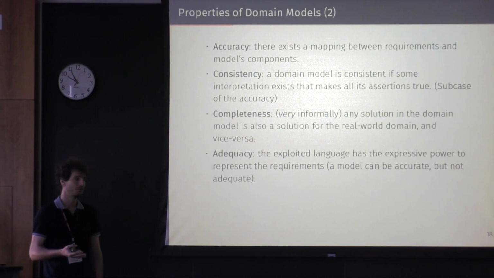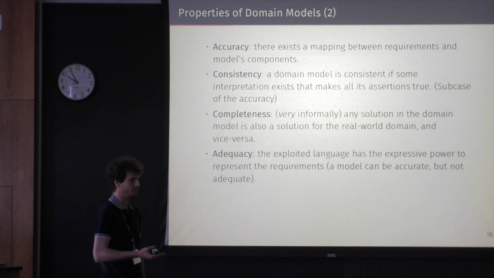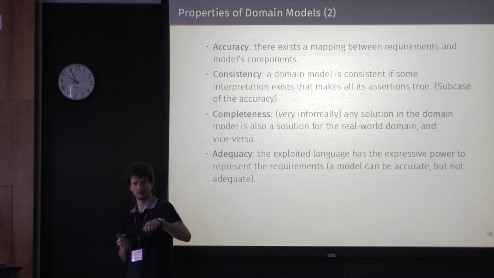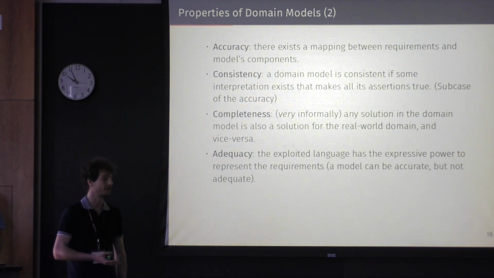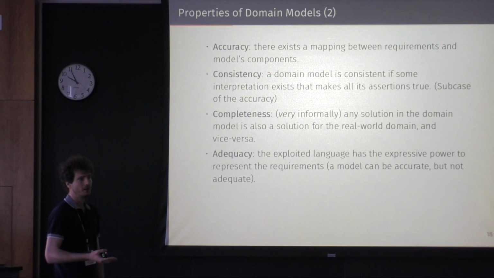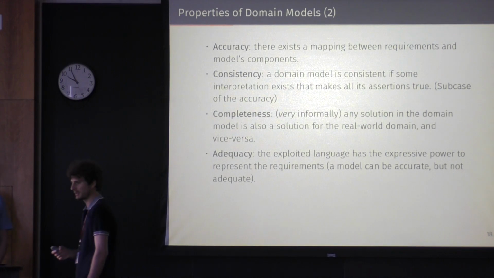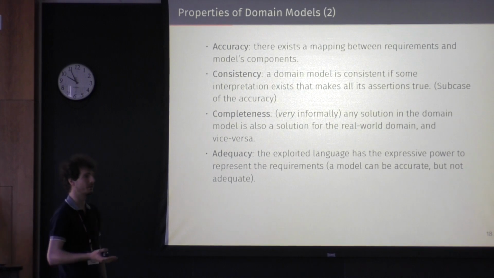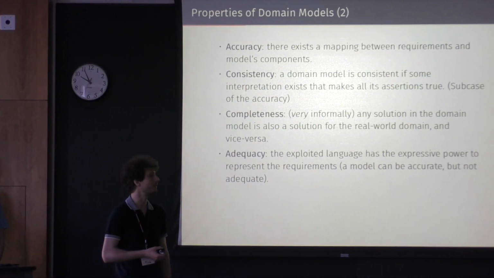So a typical example could be if you are considering a domain model in which it is important, as in the example which Lukáš made before, to have actions which are concurrent, you need to represent them using a temporal PDDL. But for some reason you may have decided to use just plain PDDL or PDDL 1.2, which means that from the point of view of accuracy, your model is still accurate because you have one action for moving the knob and one action for pushing the door.